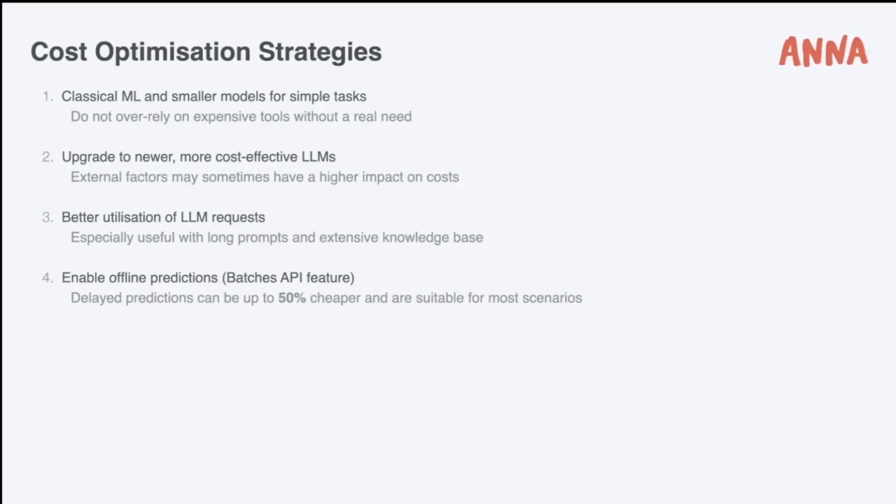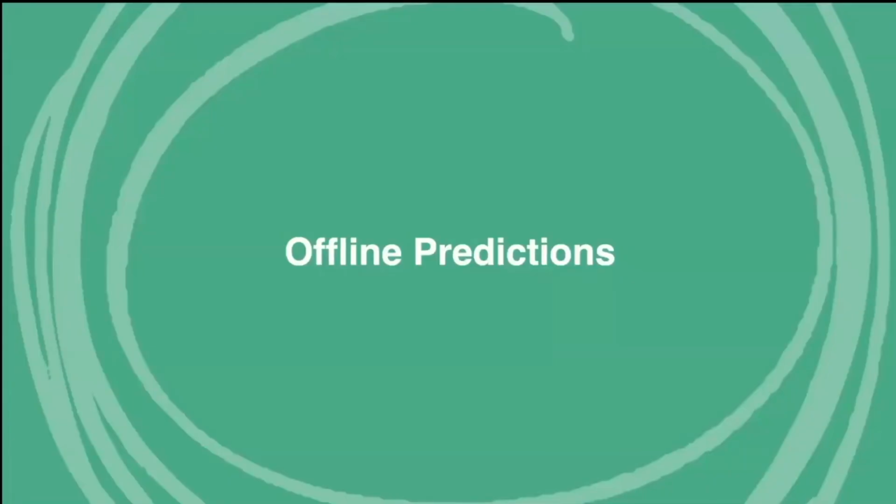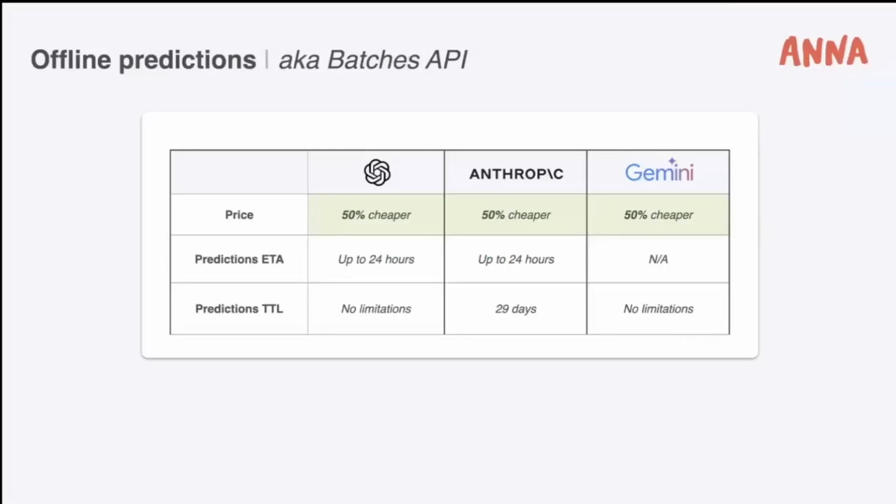Now we'll talk about enabling offline predictions. Offline predictions is basically an agreement between you and the LLM provider that you agree to wait up to 24 hours to get your predictions, and for that you will get a discount.